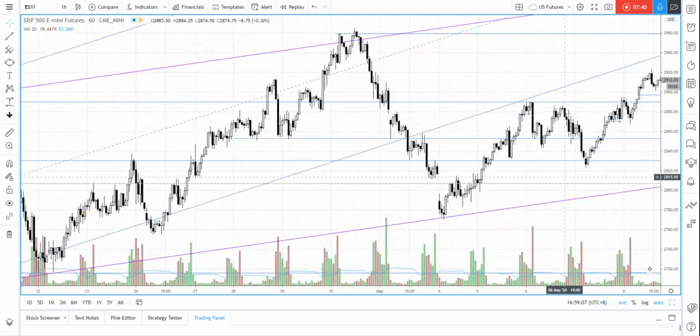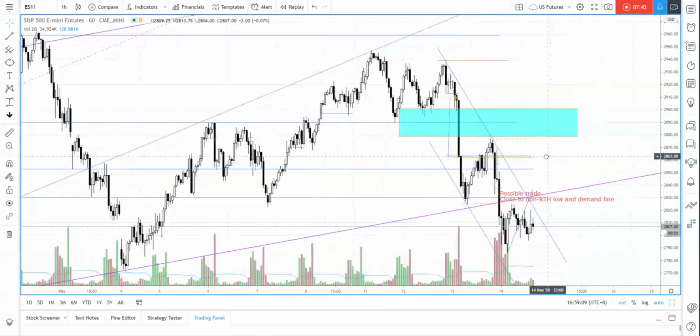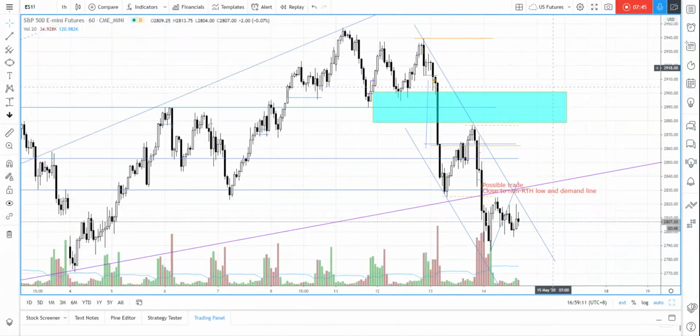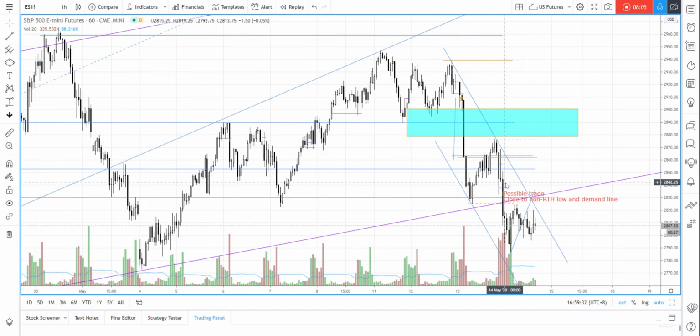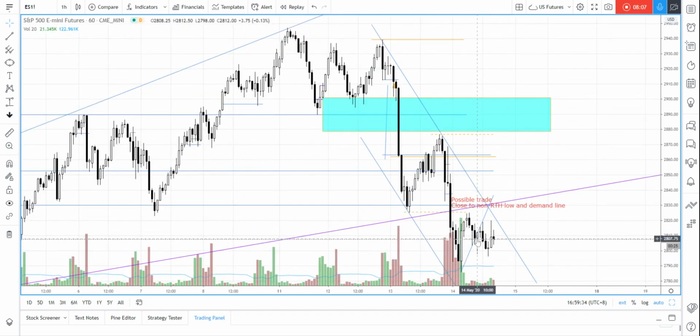If we look at the H1 time frame, we see that it's still bouncing within this channel, and it's still trading below 2830 or 2825. You can see that this is quite a level, because it bounced up here, and bounced up on this day as well, but it just penetrated through.